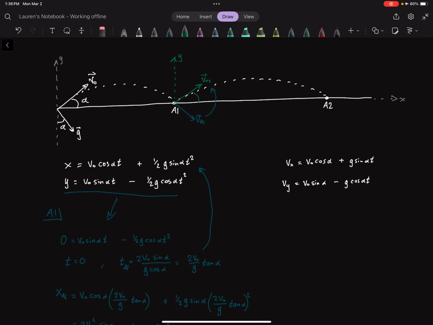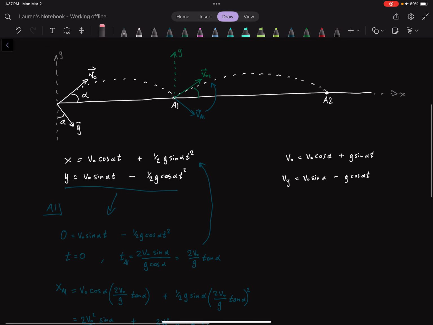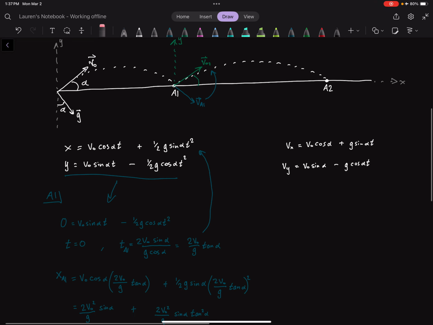So it's going to be changing a little bit, and that's why it's covering a longer and longer distance per bounce. So we have to find Vx and Vy in order to proceed, or at least we have to find one of them.